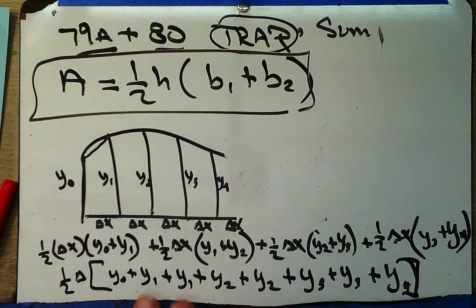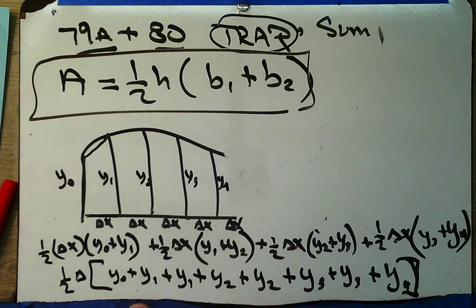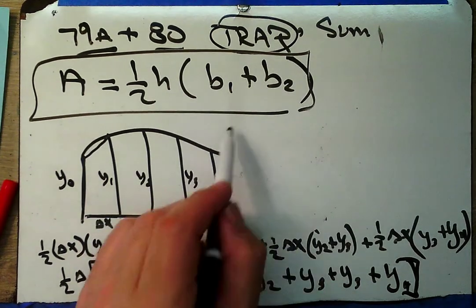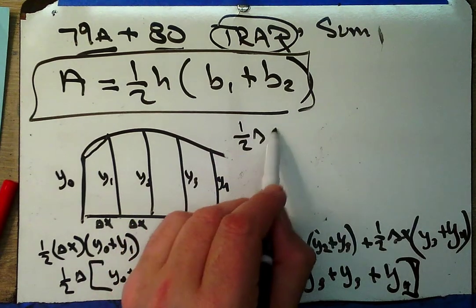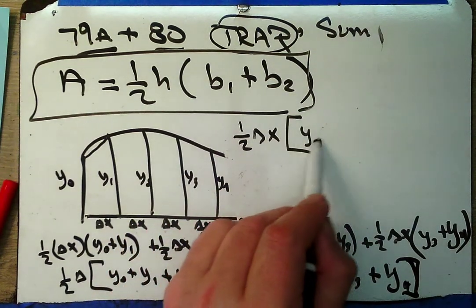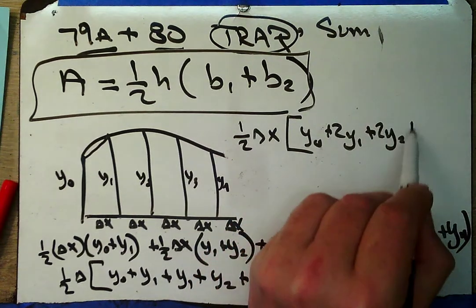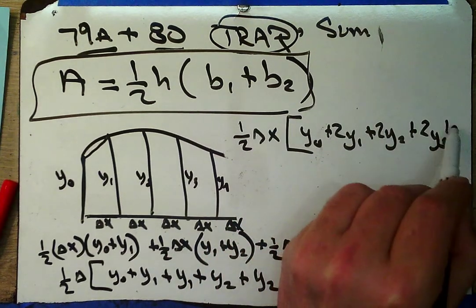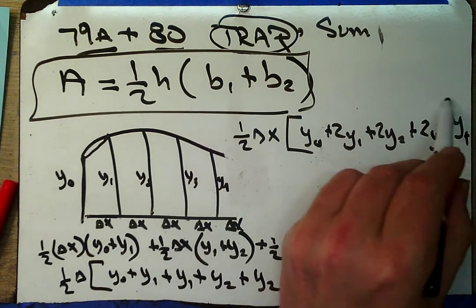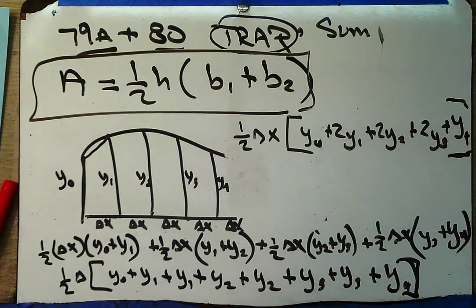And now look, same ones, same ones, same ones. So really what I could do here is say 1/2 delta x times y sub 0 plus 2 y sub 1 plus 2 y sub 2 plus 2 y sub 3 plus y sub 4. Okay? That's my shortcut formula.